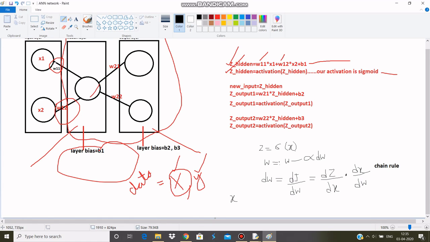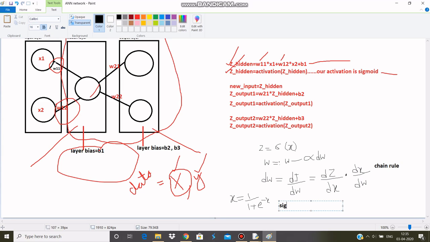Okay, so now what is x? X is a function of the weights, inputs, and definitely of the bias. This is the sigmoid function, 1 divided by 1 plus e to the power of minus x, because we have taken sigma of x here.